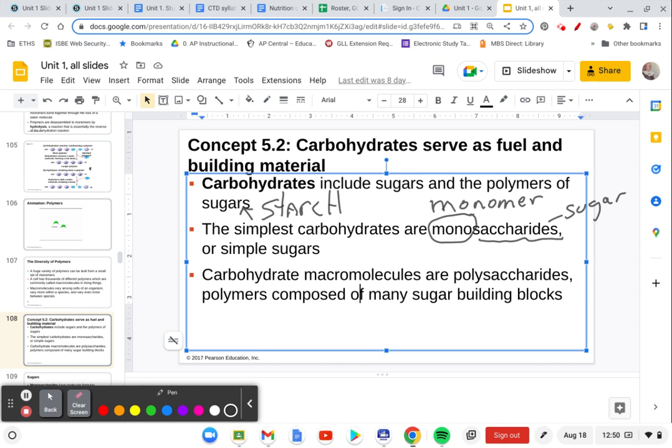That would be your building block for carbohydrates. More complex carbohydrates are polymers, and as such, they are called poly, because we've got polymer, and then we've got sugar again. Okay, so we've got many sugar units. So you take a bunch of monosaccharides and put them together, you have a polysaccharide.